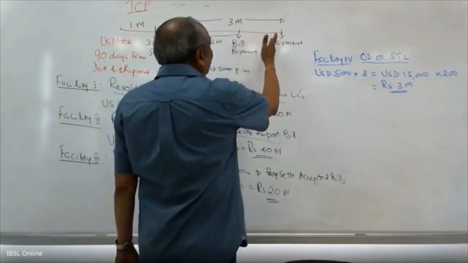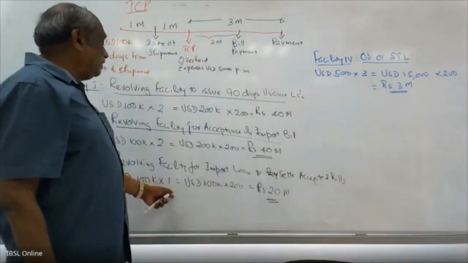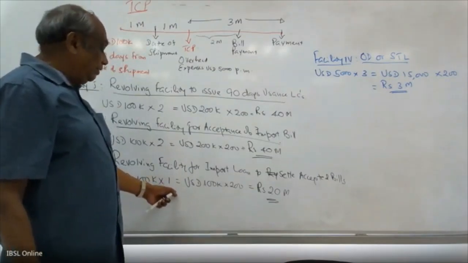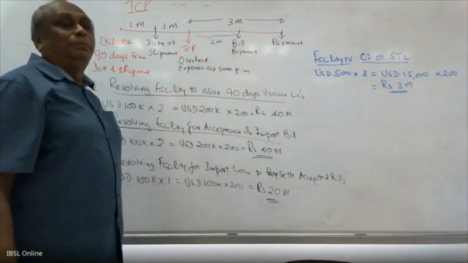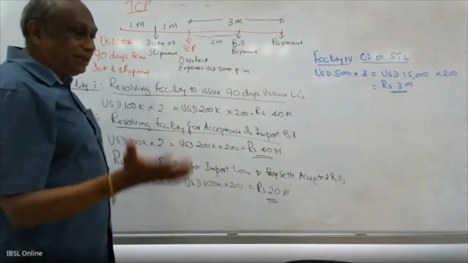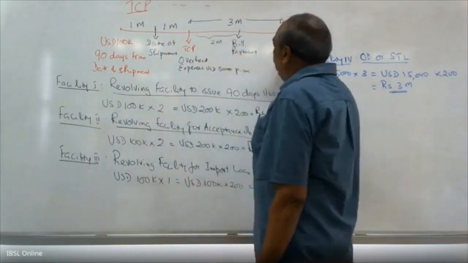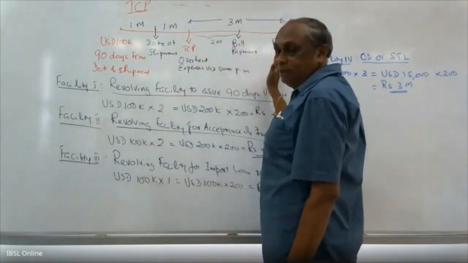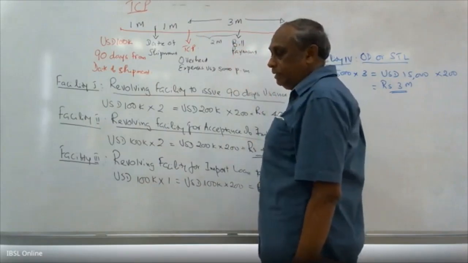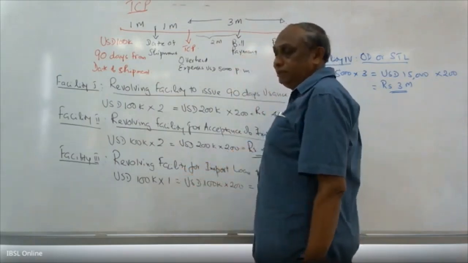So that is why you are asking for a revolving facility of import loan to settle the import bill. This loan can be recovered within 1 month because after 3 months you are getting payment, then you can easily settle the loan. That is why our lead time is 1 month.